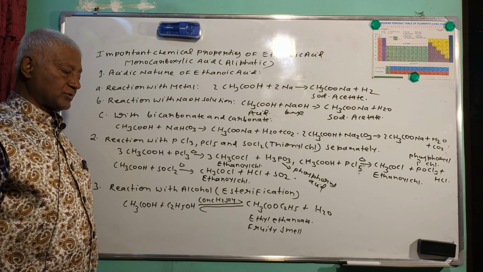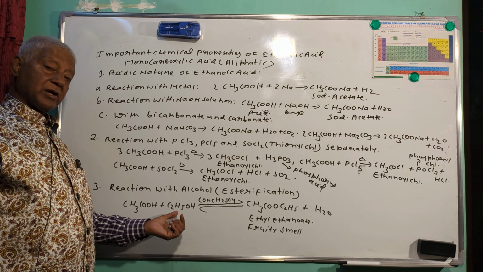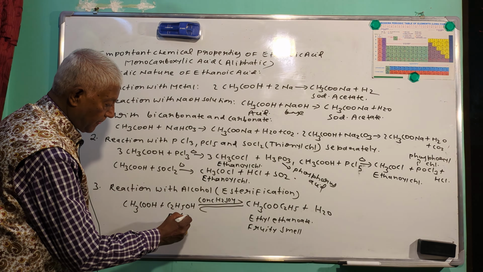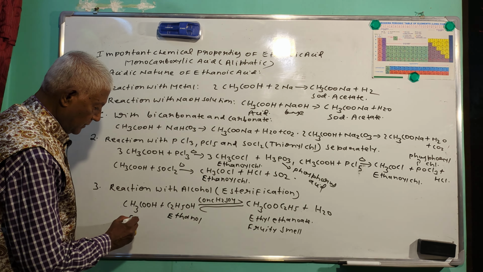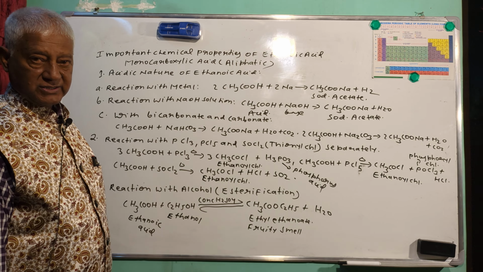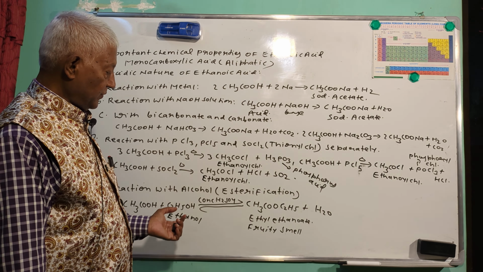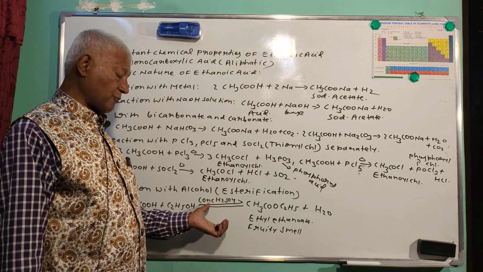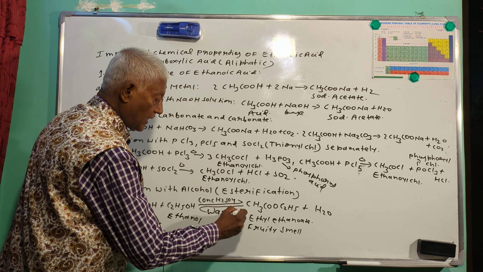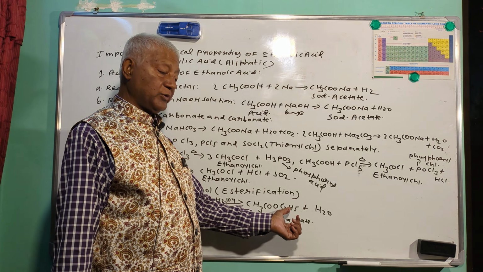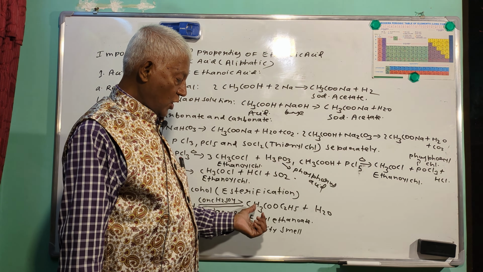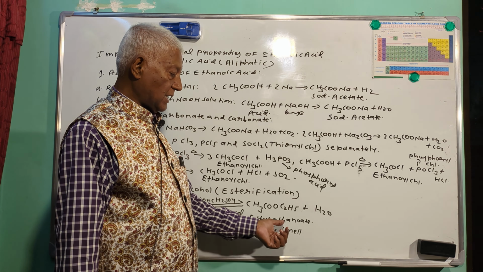Next one is reaction with alcohol. When acetic acid, ethanoic acid, is treated with ethanol, generally questions are asked in the IUPAC system, so it is better to write in the IUPAC system. When it is warmed, not boiled, in presence of cold sulfuric acid, you get CH3COOC2H5. We first have to write the alkyl, ethyl, and the remaining carbons, 2 carbons, so we can write ethyl ethanoate.